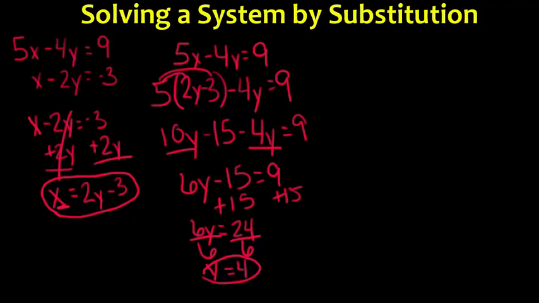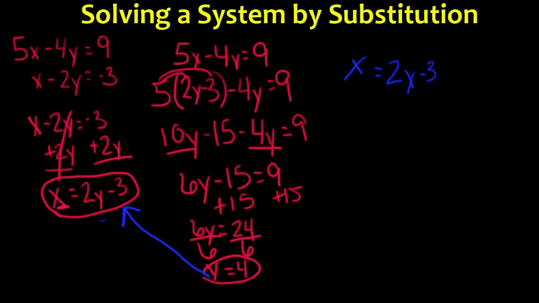We're going to take this number that we found for y and plug it back into the value that we found for x. Because as you can see, it wasn't completely in its lowest form because we still had that y. So now that we know the numerical value for y, we can plug it back into this equation and get the value for x. So we have x is equal to 2y minus 3.